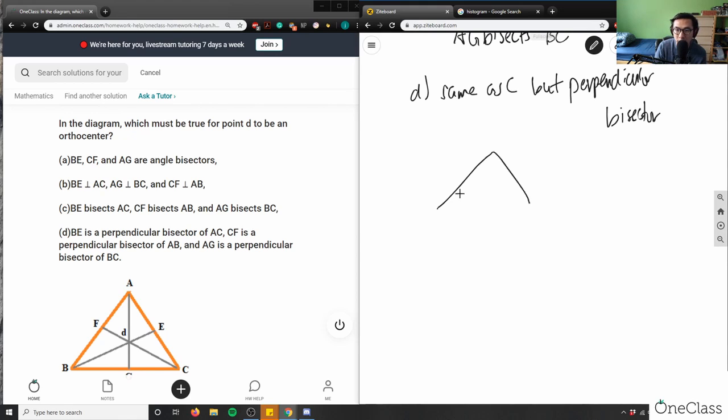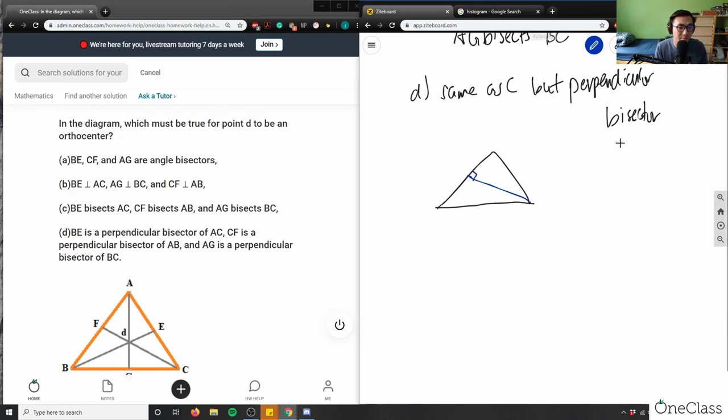So again, an orthocenter, if I have a triangle like this, is from this side, I have to take the center. So let's look at this first side in blue. I have to take the center, and what that does is I'm going to have to make a 90-degree line like so. So this has to be a 90-degree line.